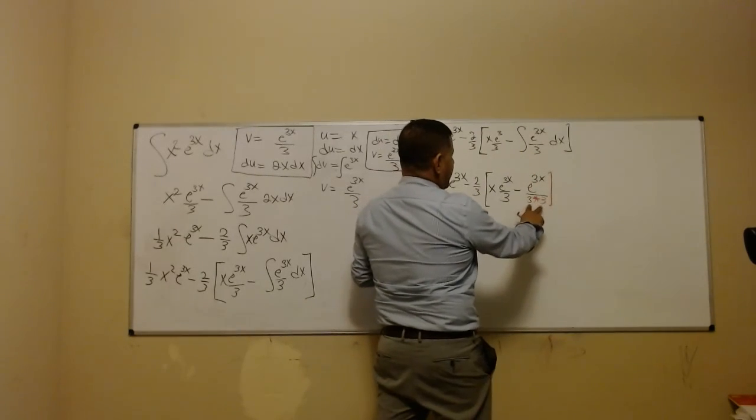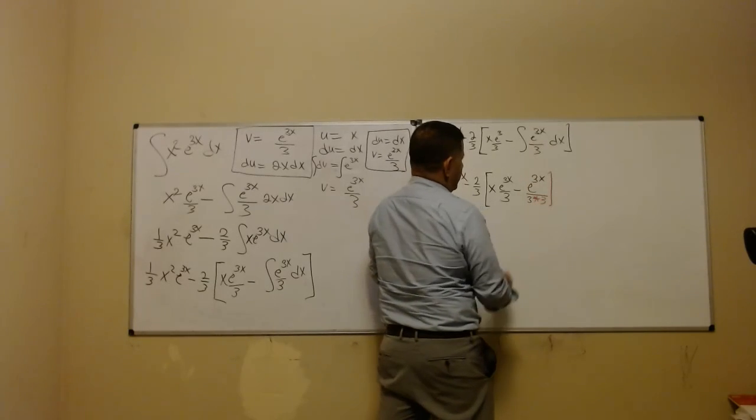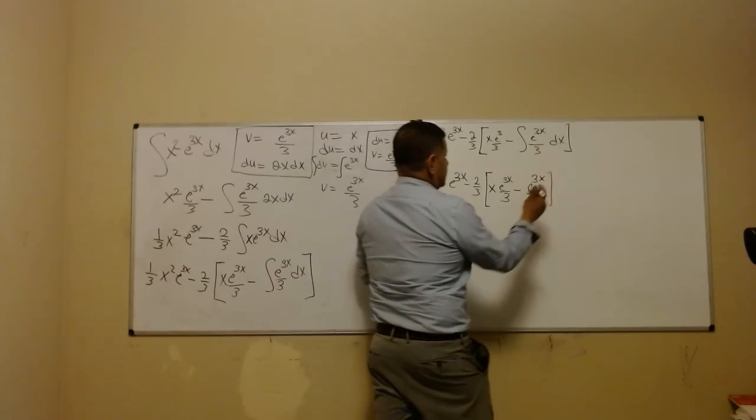Now I am multiplying this because I brought that 3 down, right?